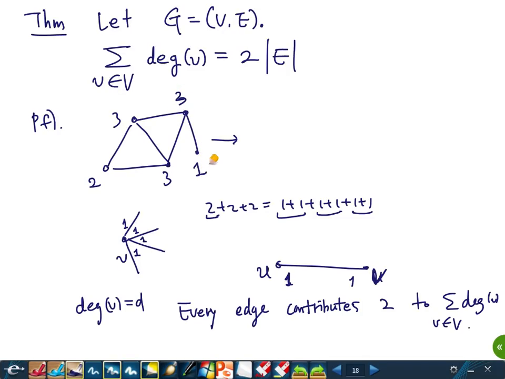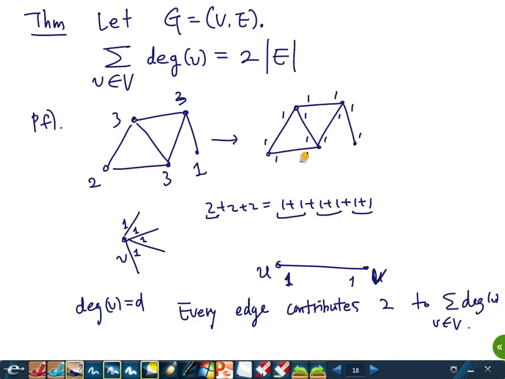Okay. We are adding 3 plus 3 plus 3 plus 2 plus 1, right? That's the left-hand side. I'm going to split these numbers, 1 to each edge, one side of the edge. So I'm going to divide these 3 into 1, 1, 1 like this. Then this will be distributed to each of these edges incident to this vertex, right? Also, I'm going to distribute these 2 into 1, 1, and this 1, and so on.